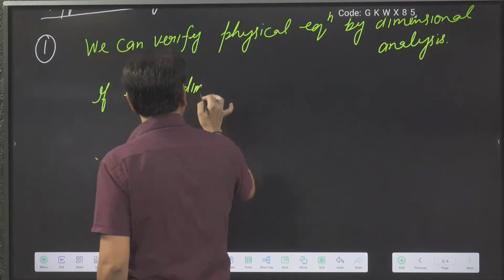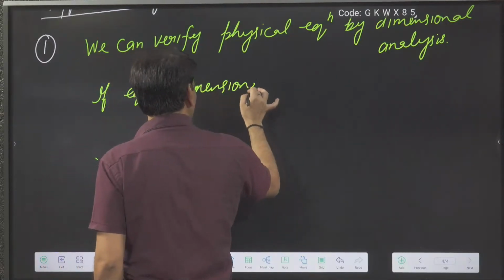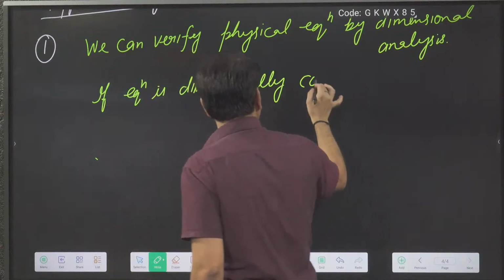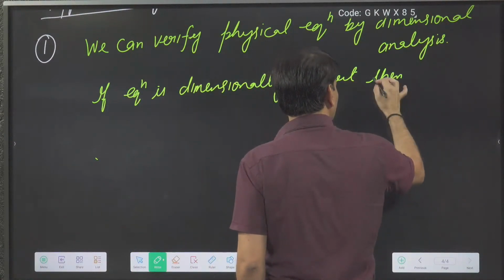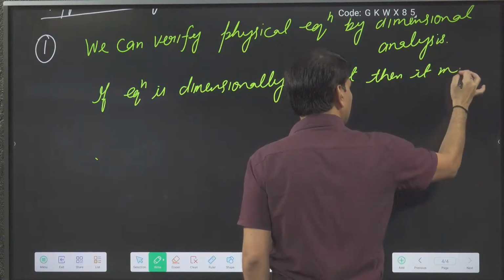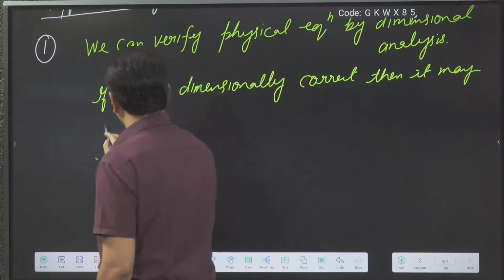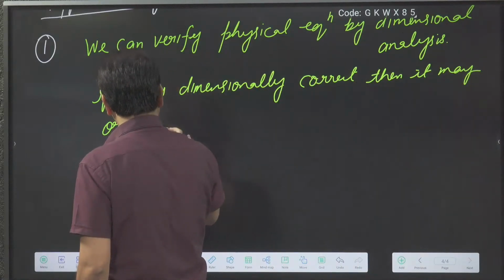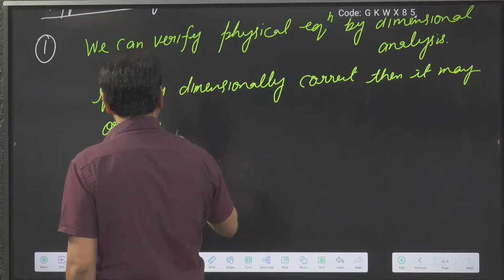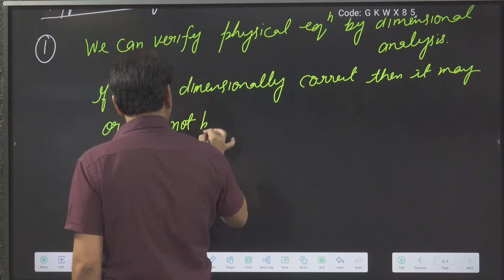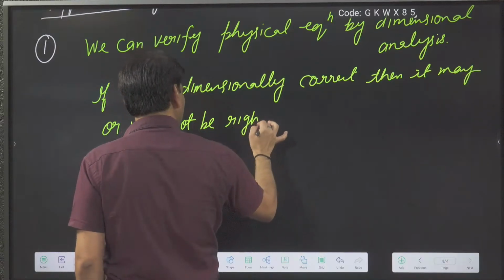So if an equation is dimensionally correct, then it may or may not be right.